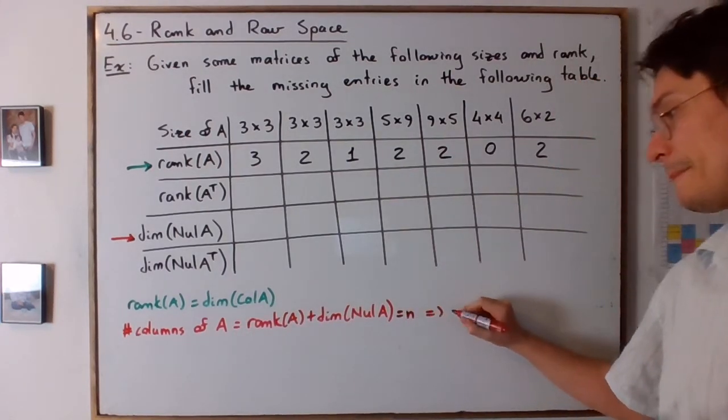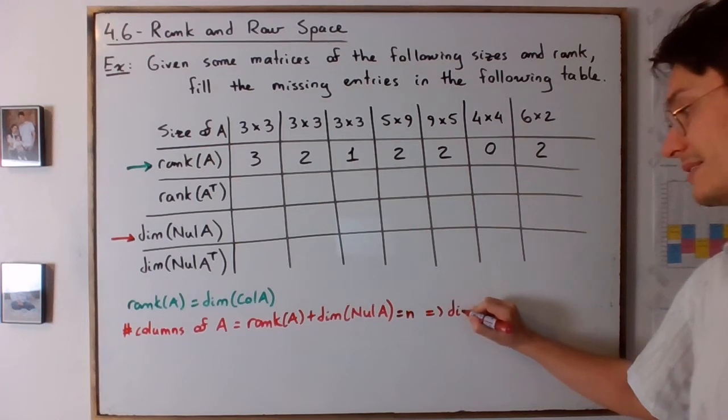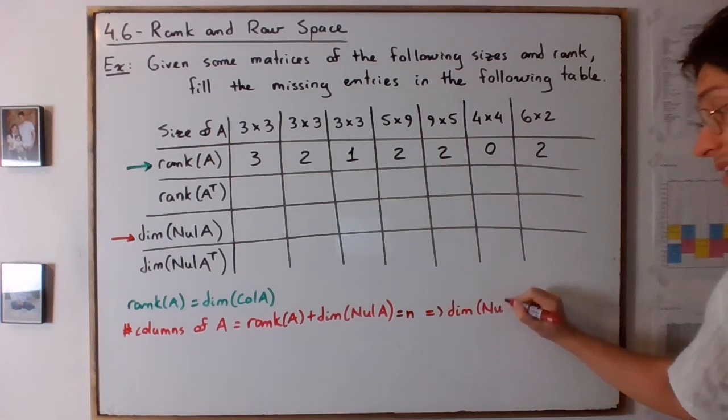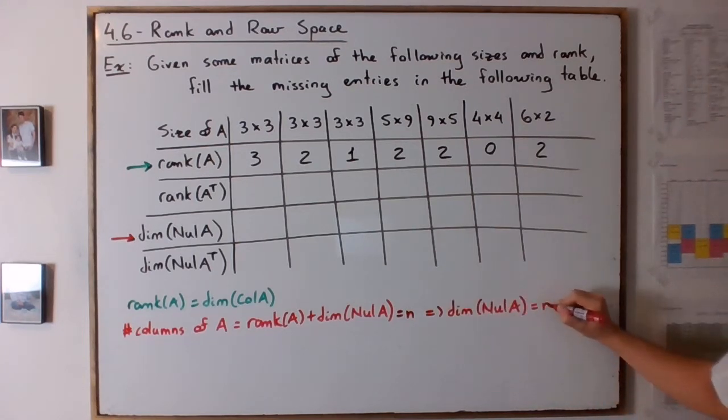So the dimension of the null space of A is equal to n minus the rank of A.